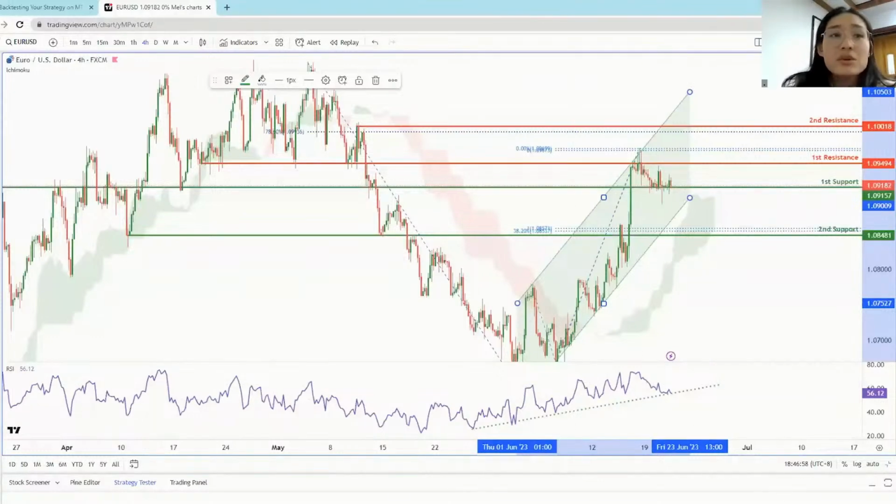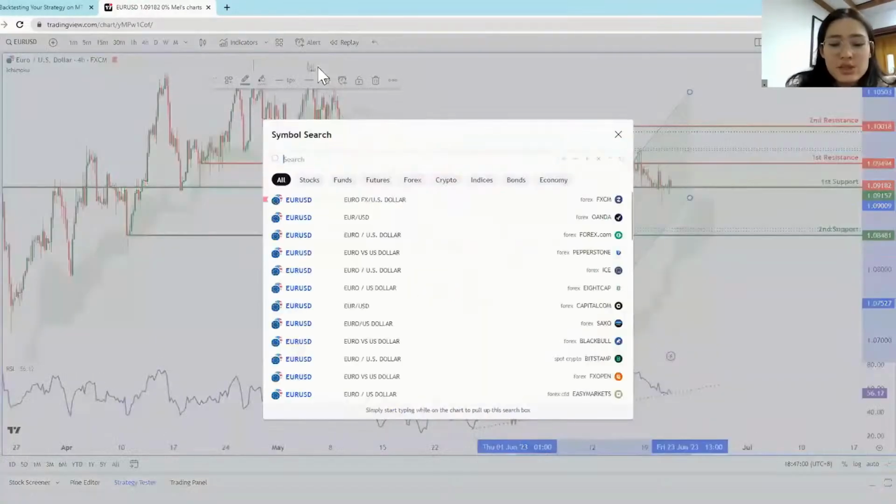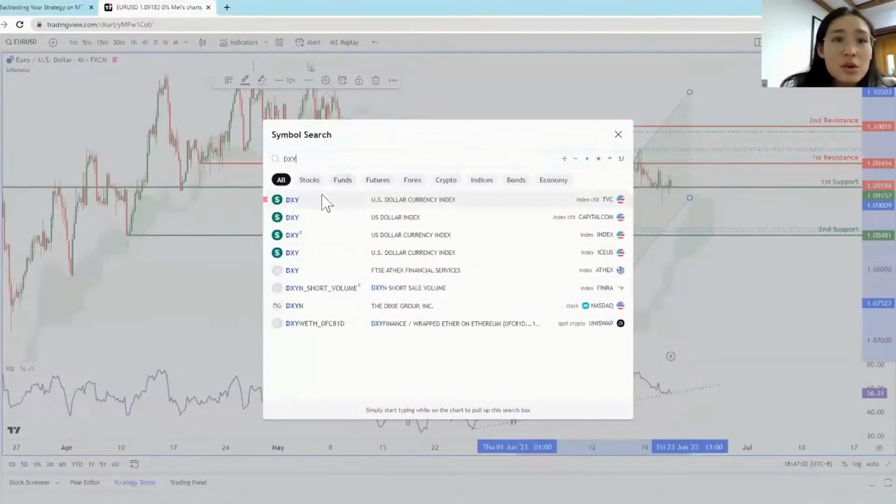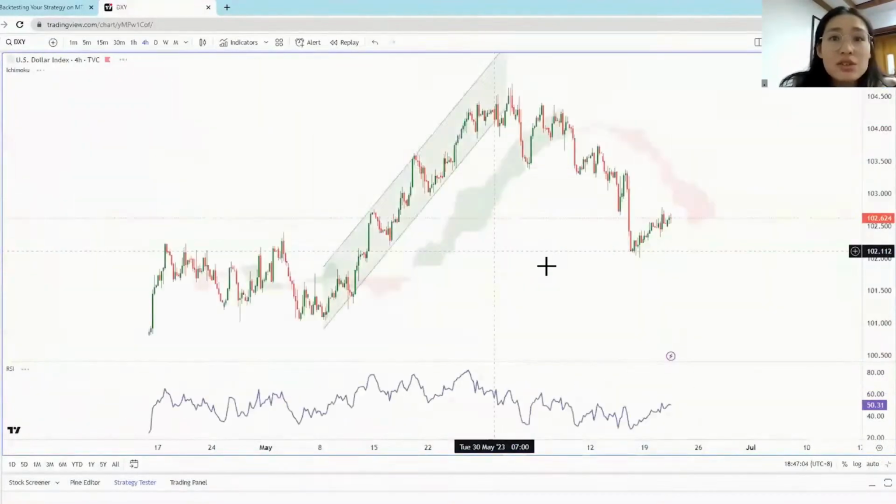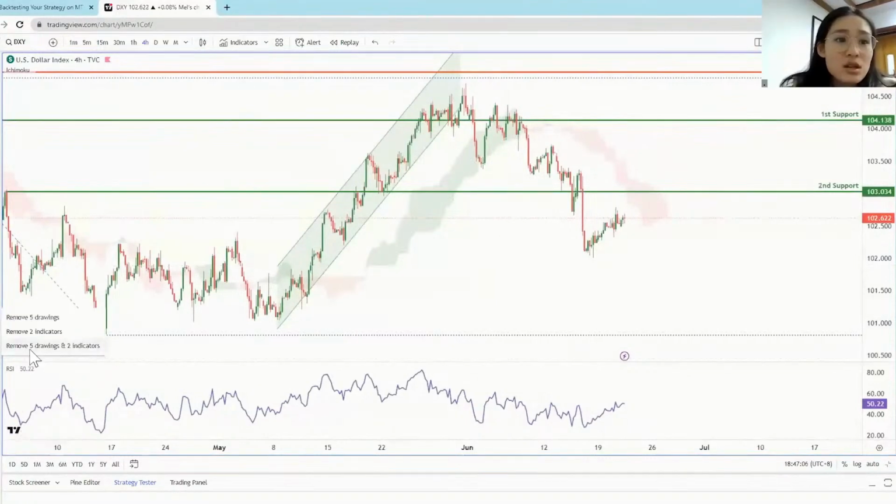If not, maybe we'll just go ahead and do the XY, just a commodity, since we've already done a Forex currency.